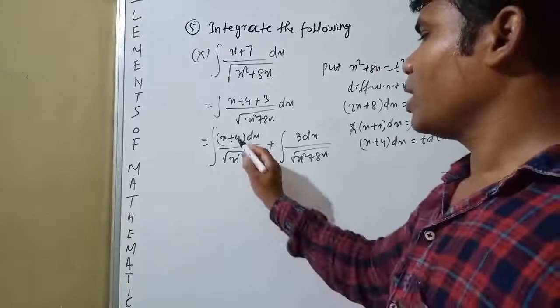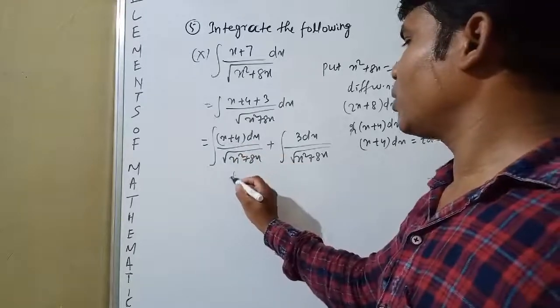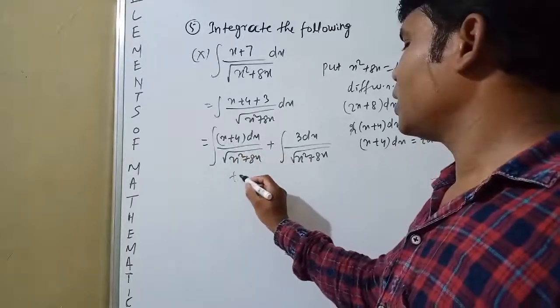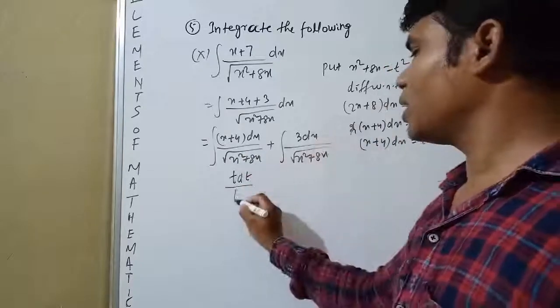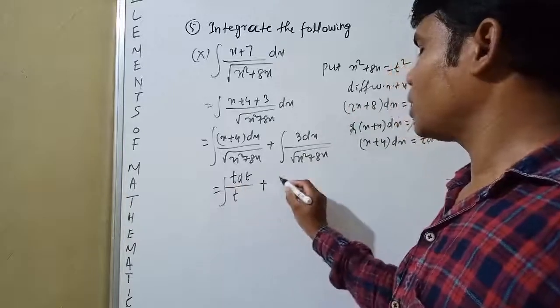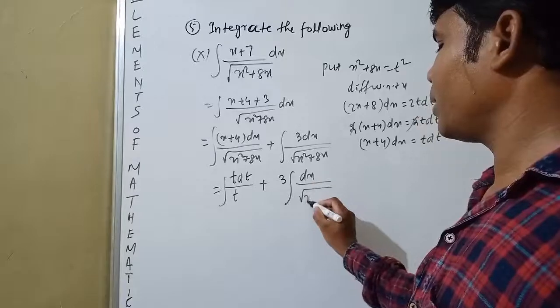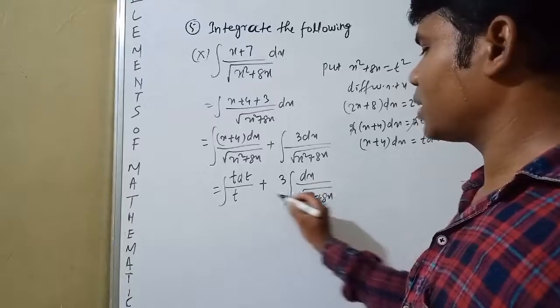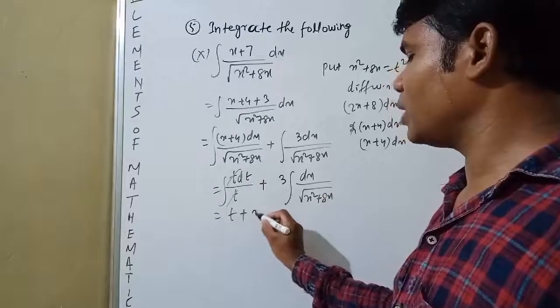Okay, here you see x plus 4 dx is t dt, and the denominator is root of t square, that is t. Plus 3 dx by root over x square plus 8x. The t will cancel out, integration of dt is equal to t plus 3.